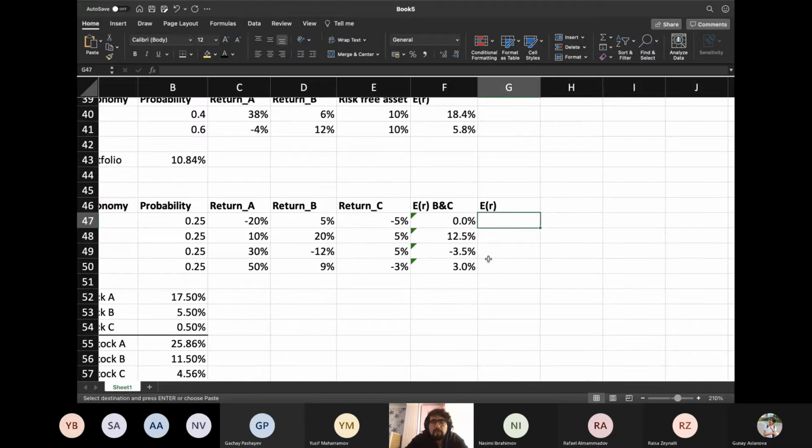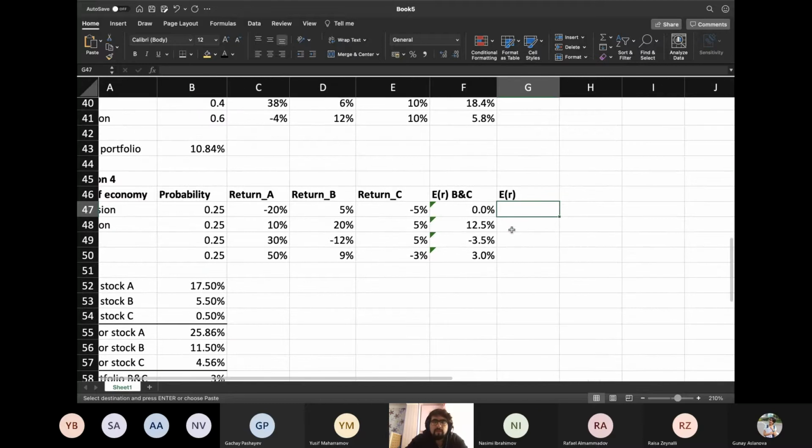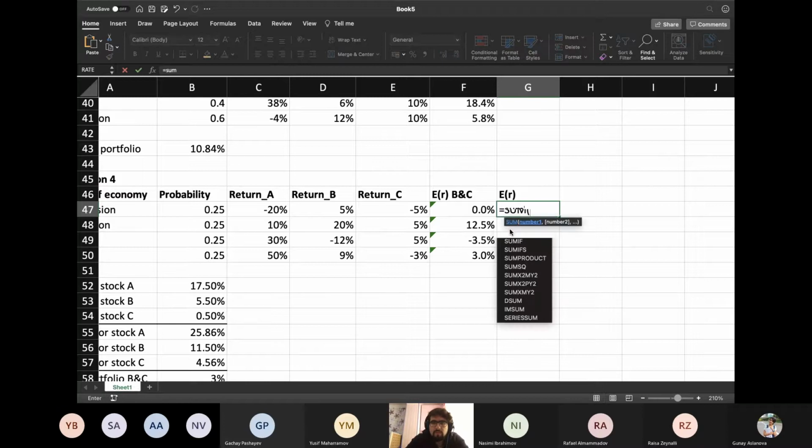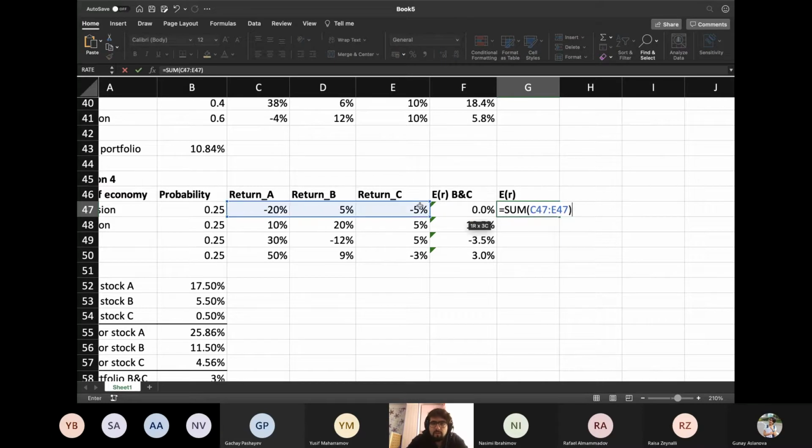If we are equally investing in 3 stocks, it means 1/3 for A, 1/3 for B, and 1/3 for C. Therefore, for the sake of simplicity, let's write the summation of all of them over 3.